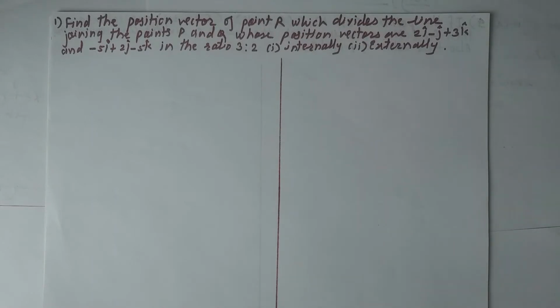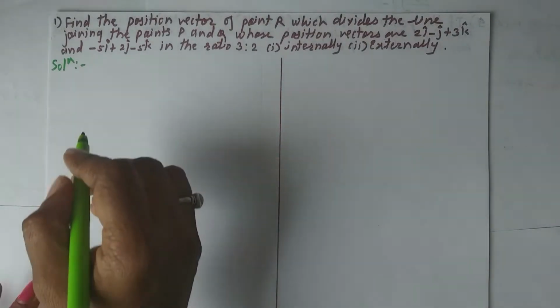Let's see the first problem. Find the position vector of point R which divides the line joining the points P and Q, whose position vectors are 2i minus j plus 3k and minus 5i plus 2j minus 5k, in the ratio 3:2 internally and externally. Here the position vectors of points P and Q are given.